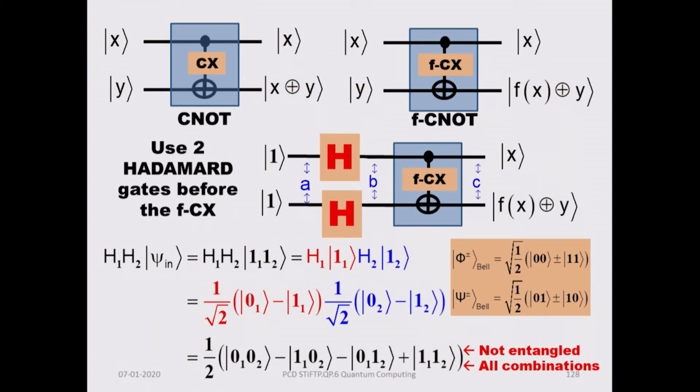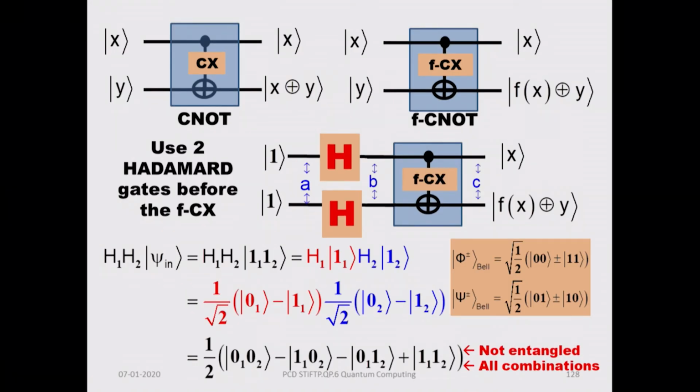Now, remind yourself of what the Bell states are, and this is obviously not a Bell state. How could it be? We got it by multiplying 2 single qubit states, which are its factors. So, this is not an entangled state, and notice that in the Bell states you have only some of the combinations.